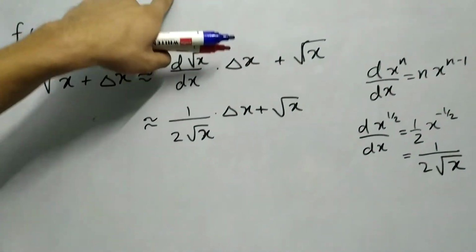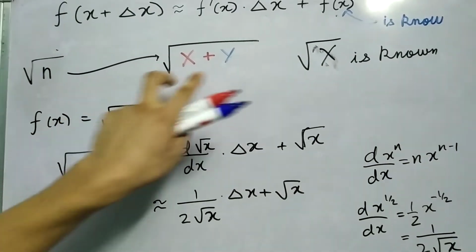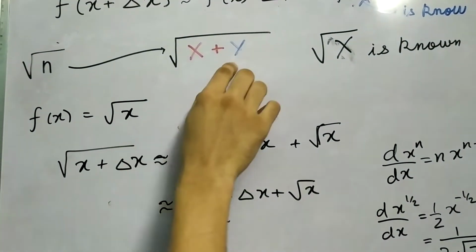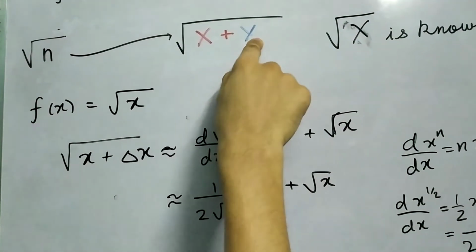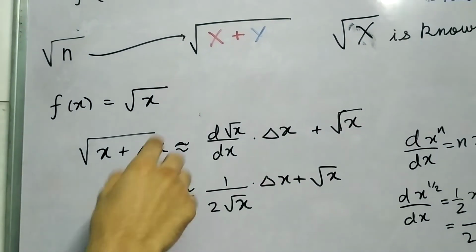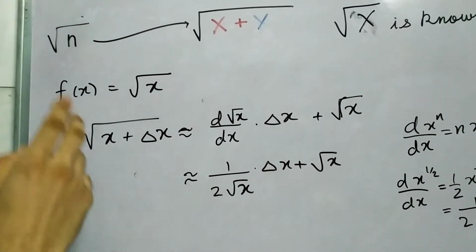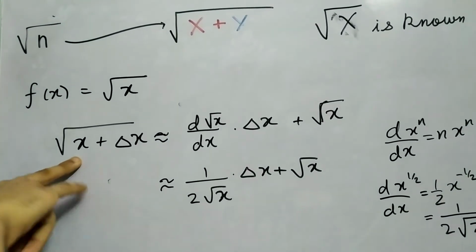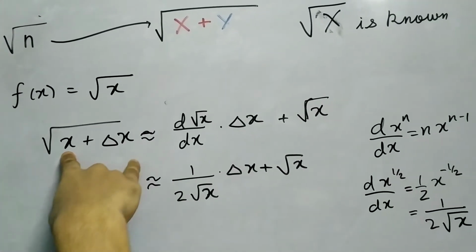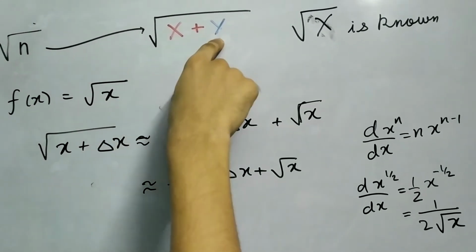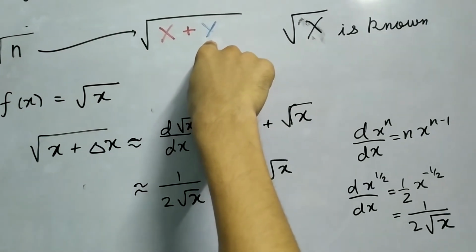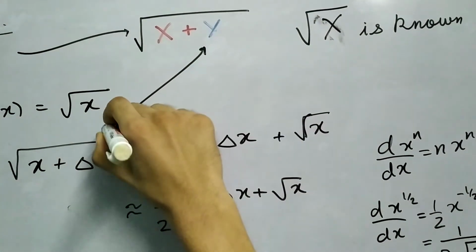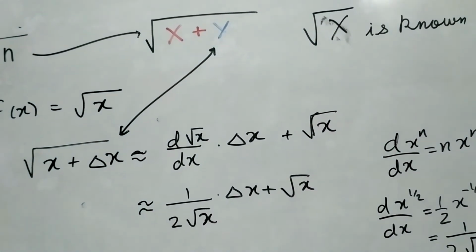And this is where this decomposition comes into play. You can think of y as your change in x. So you know the value of a square root at some point, and then you move a certain distance away from it, that is y. Y is the same as delta x.